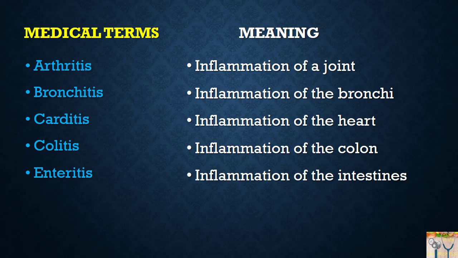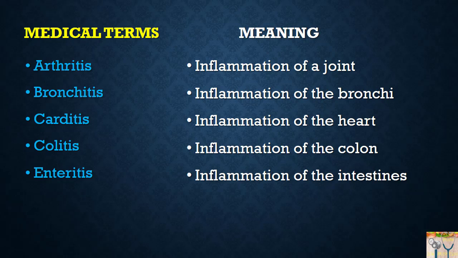Arthritis, meaning inflammation of a joint. Itis means inflammation. Arth means a joint, so inflammation of a joint. Bronchitis, meaning inflammation of the bronchi. Carditis means inflammation of the heart. Colitis means inflammation of the colon.